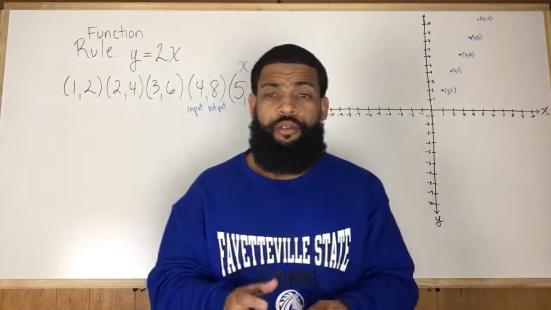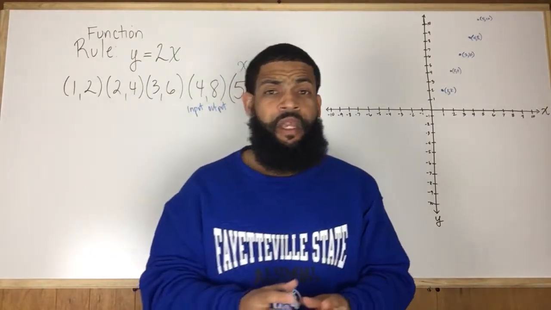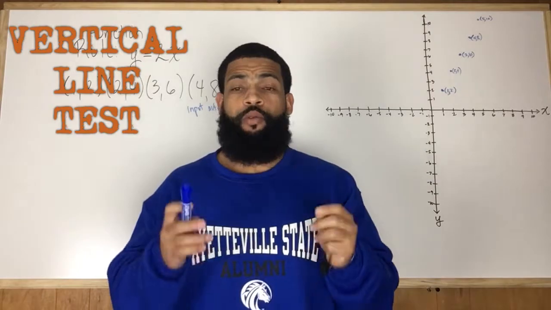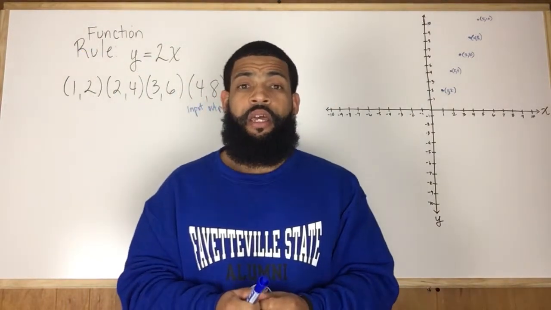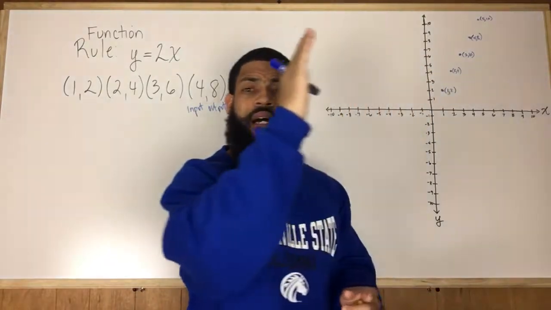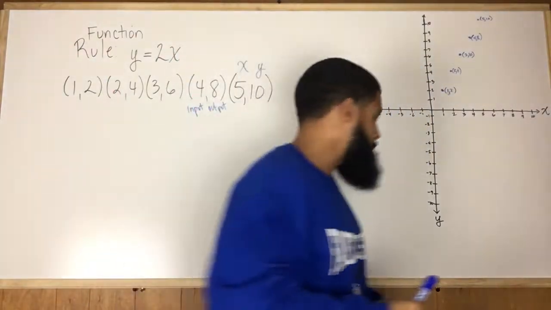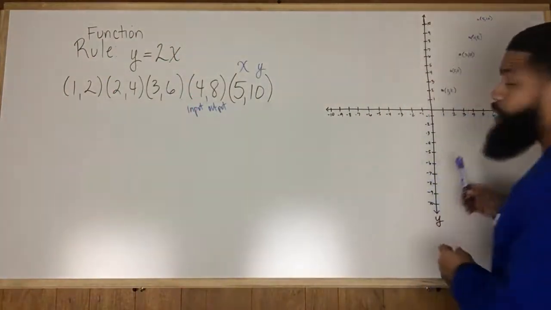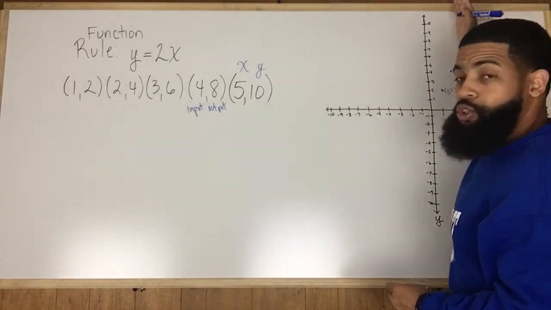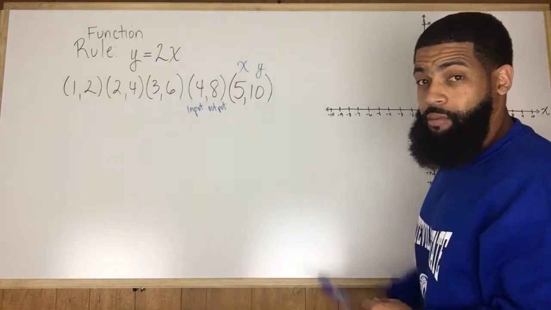Now, the other thing that makes this a function is that if we do what's called the vertical line test, and what the vertical line test means is that if you take a vertical line and you drag that vertical line across that graph, at no point as you drag that vertical line across that graph will it intersect 2 points at the same time, okay?